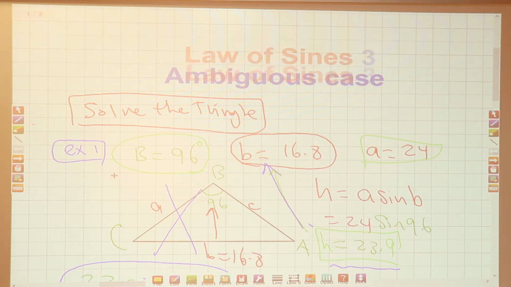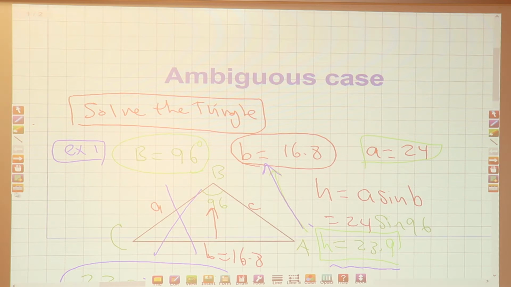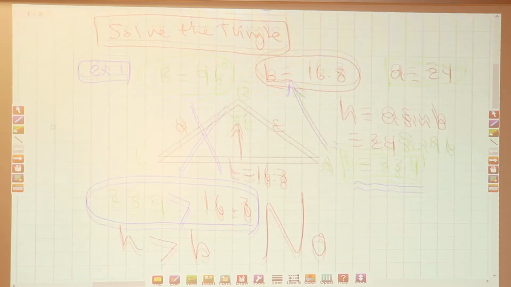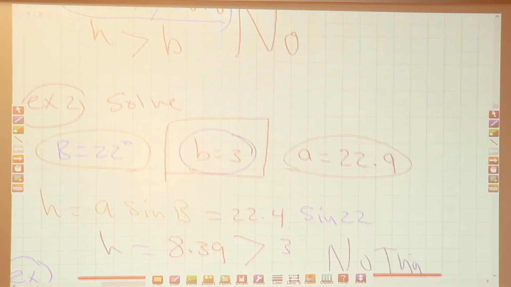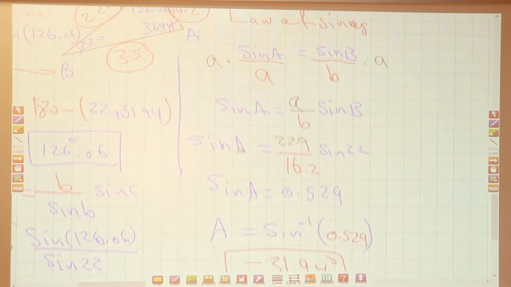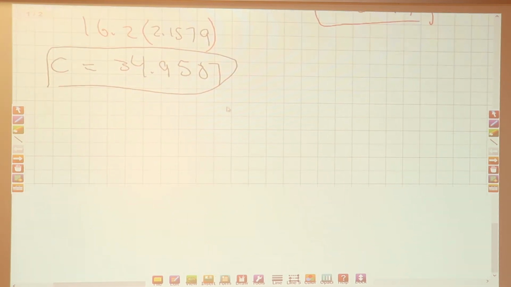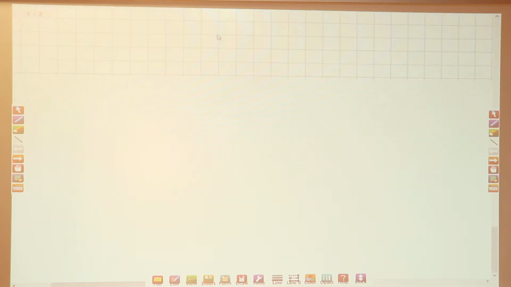Example one was this, example 2. You can go to YouTube and see all the notes for this law of sines. Now let me just take this example.